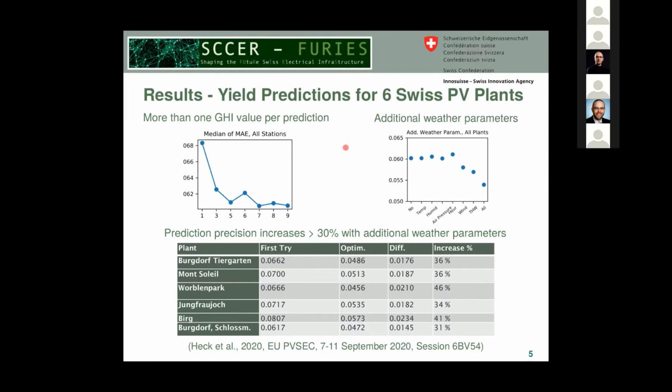Secondly, we asked ourselves, what is the influence of the additional weather parameters? It's clear that the irradiation plays the main role when it comes to energy production of a PV plant, but there are also several parameters that are influencing the efficiency. So we took these additional parameters like temperature, humidity, air pressure, and the wind parameters like wind direction and wind speed, and trained the algorithm together with the GHI and these additional parameters.